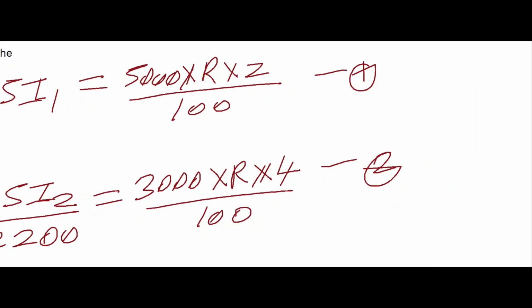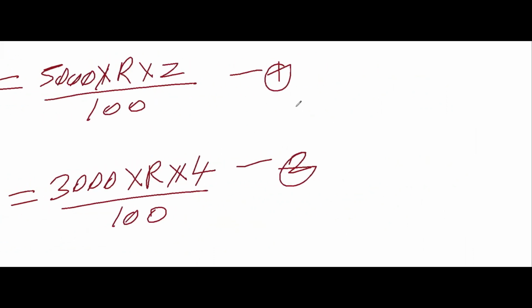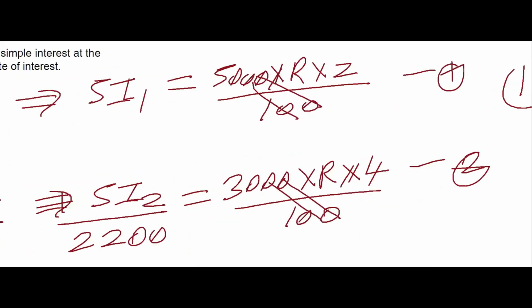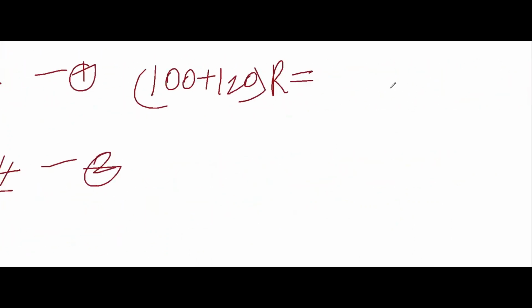Let me cancel these 0s. Here I will get 5 into 2 is 10, and 10r plus 4 into 3 is 12, 120r, that is equal to 2200.